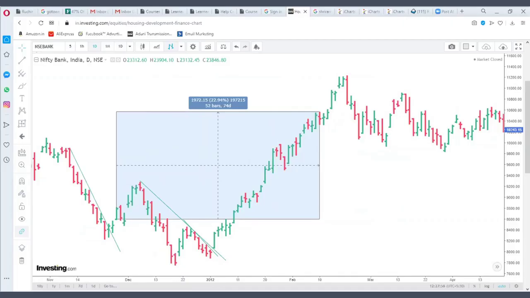Entry was around 28th of November 2011, and we got somewhere around 22 or 23%.